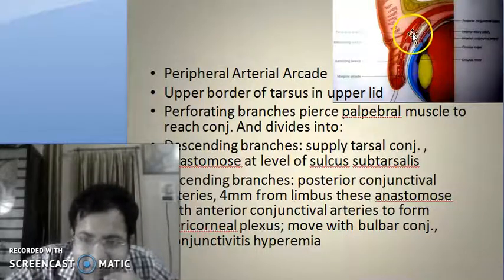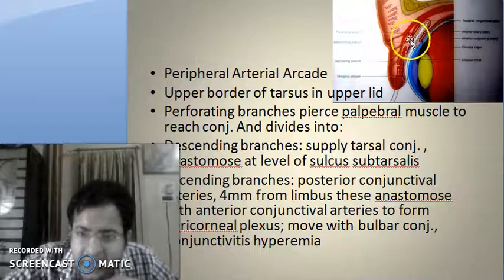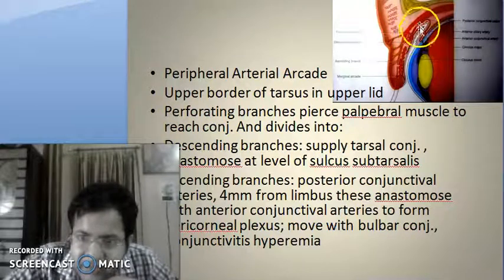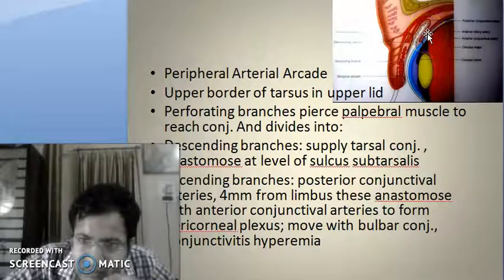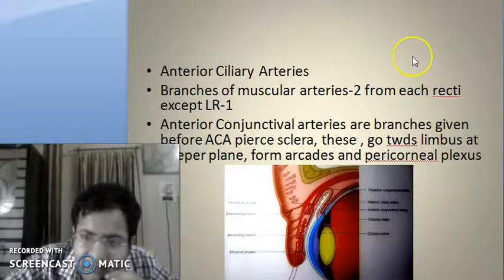The ascending branches ascend through the conjunctiva and through the fornix pass to the bulbar conjunctiva, and are then known as the posterior conjunctival arteries.